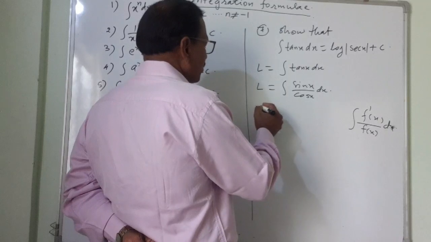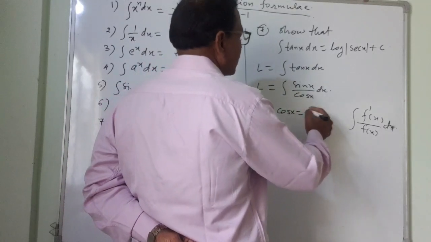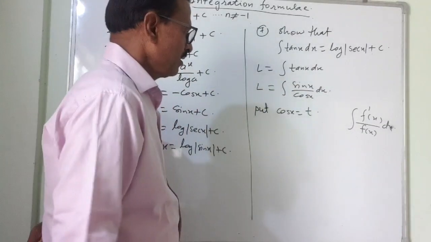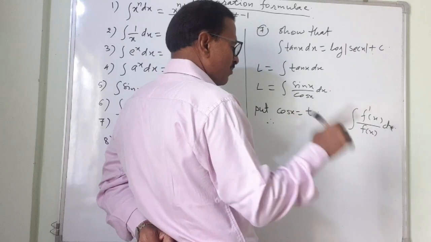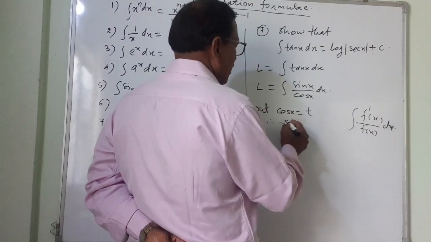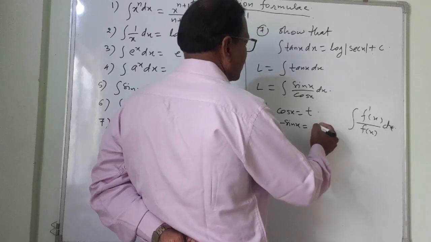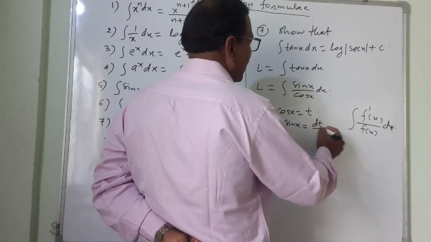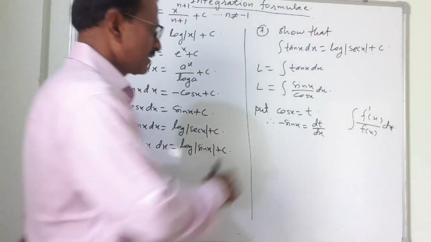Now here what I will do is put cos x is equal to t. Therefore, differentiating with respect to x, the derivative of cos x is minus sin x and the derivative of t is dt by dx.